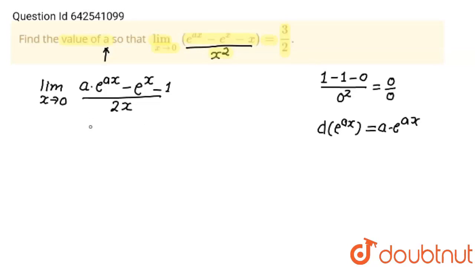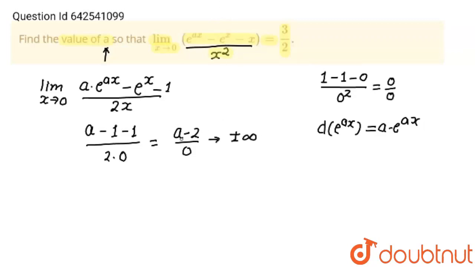So we'll get a into 1, a, minus e to the power 0, 1, minus 1, upon 2x, and x will be 0 as x tends to 0, 2 into 0. So what will we get? A minus 2 upon 0, and here you can see this value will tend to infinity, plus infinity or minus infinity.